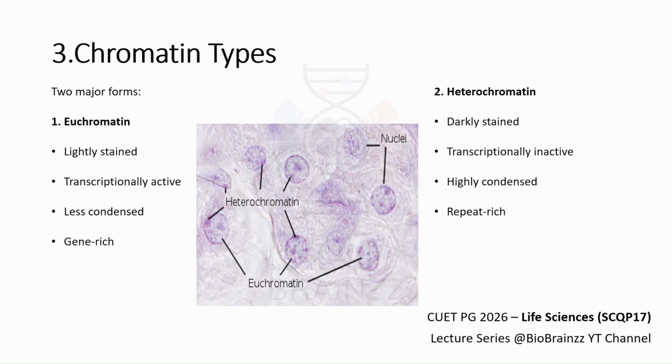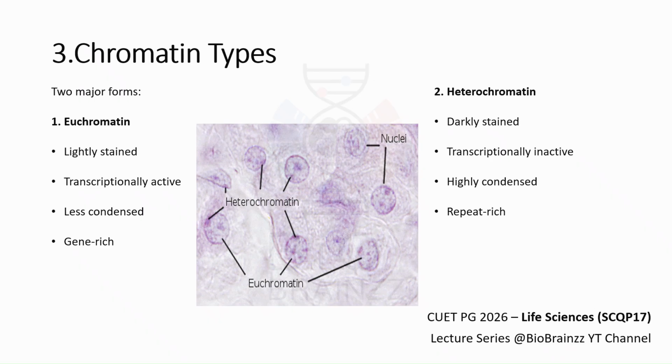Now let us move to the third topic, types of chromatin. Chromatin mainly exists in two major forms, euchromatin and heterochromatin. First, let us talk about euchromatin. Euchromatin is lightly stained when observed under the microscope because the DNA is less tightly packed.